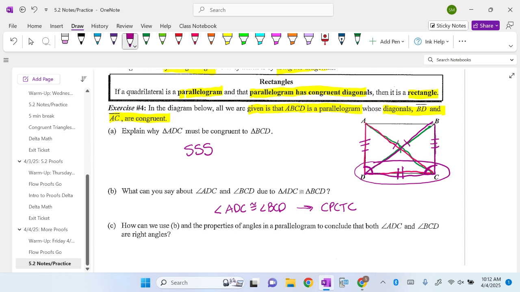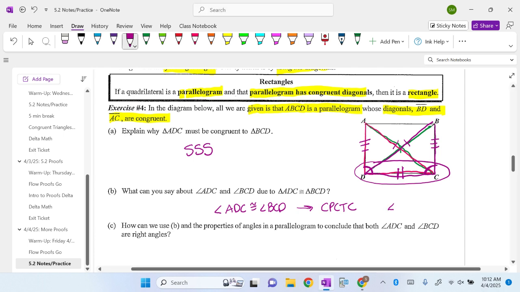So forget about the triangles for a second. If we were looking at that in terms of a parallelogram, they would have to be not just congruent, but also supplementary, because they're consecutive or same side angles. They're adjacent to each other.